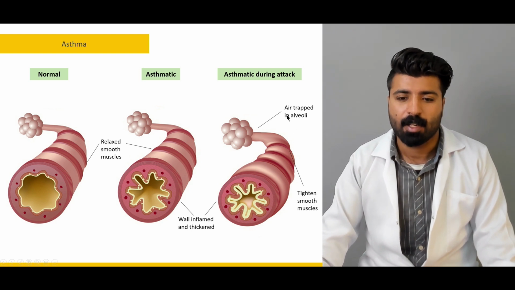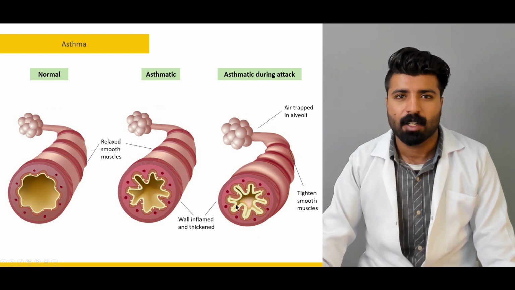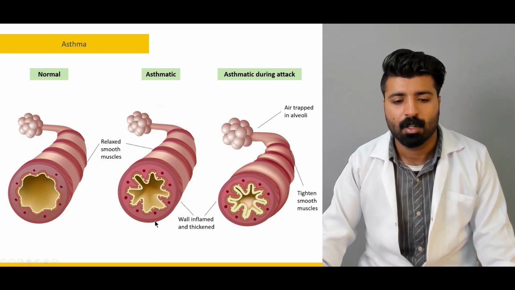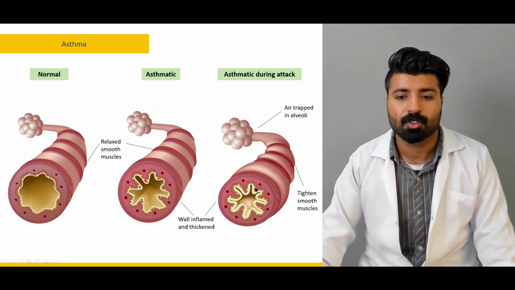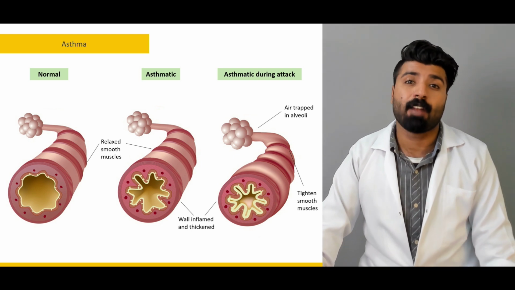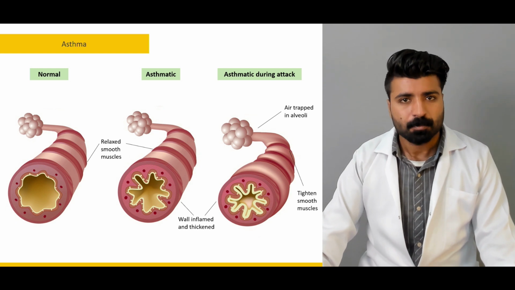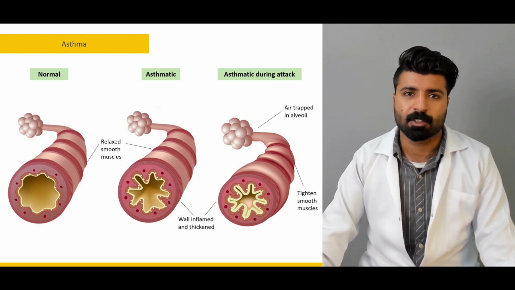Some air is trapped in the alveoli. Air can't even leave, so how will the air come in? All of this area is overcome with mucus. There's no way for that air to leave the alveoli, and there's no way for the outside air to come inside. So this is why it's very dangerous, very fatal, and all patients that are asthmatic or have a tendency to develop asthma in their lifetime are prescribed bronchodilators in case of emergency.